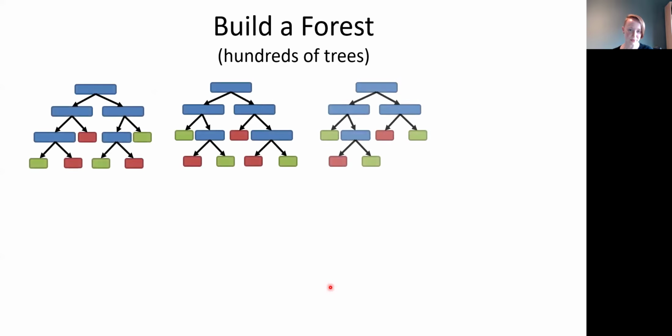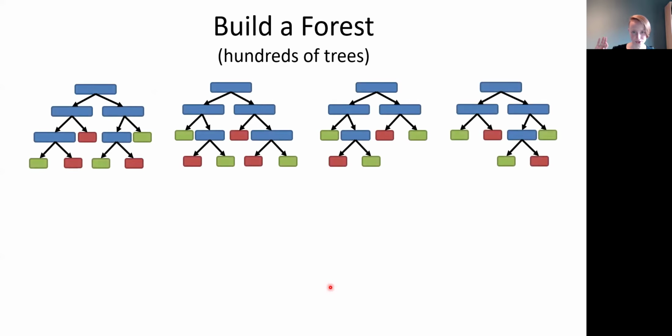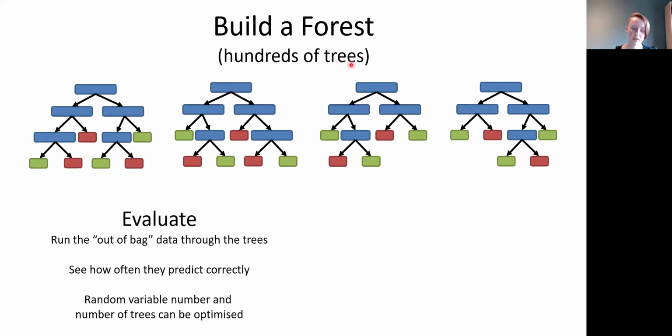So then we will repeat this across hundreds of different trees. So we build a forest from our slightly randomized different decision trees. What we can do is evaluate our trees. So the out-of-bag data that wasn't included when we were building our decision trees can be run through them to see how well they predict those data they haven't seen before.